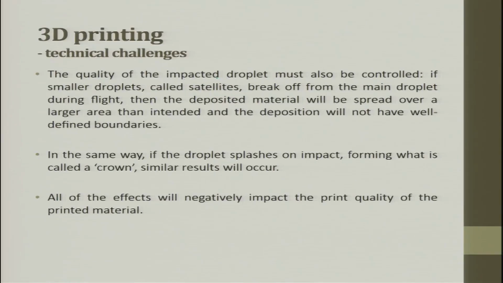The quality of impact droplet must also be controlled. If a small droplet called a satellite breaks off from the main droplet during flight, then the deposition material will be spread over a larger area than intended and the deposition will not have a well defined boundary. Very interesting.